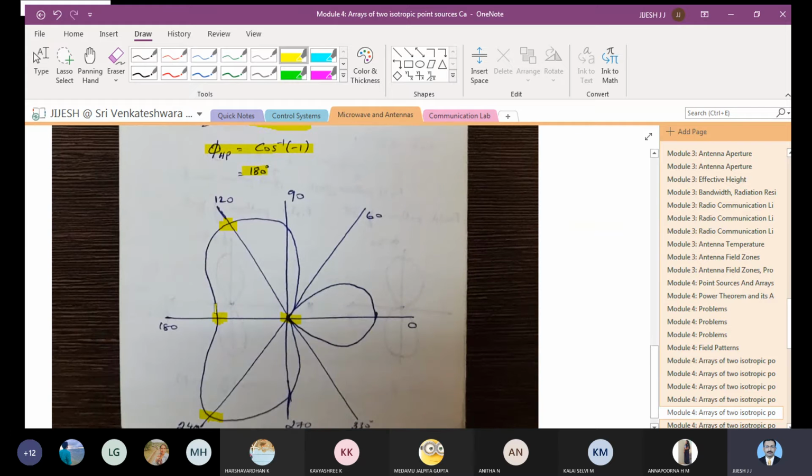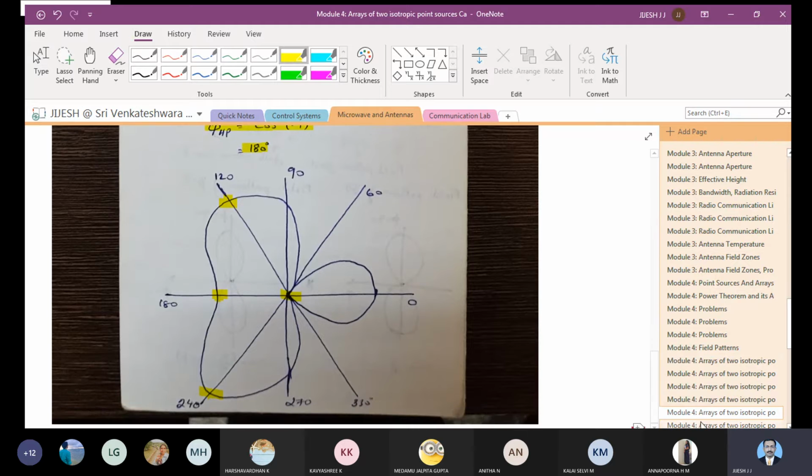You can see that the half power point has to be drawn slightly inside. Once you do that, you connect all the points and you get the pattern in this form. So this is for two isotropic point sources of same amplitude and in phase quadrature.